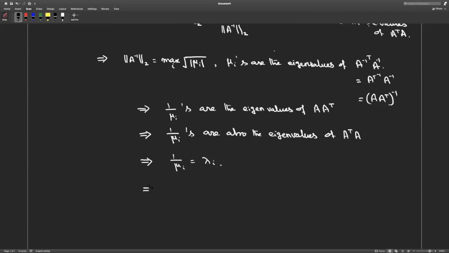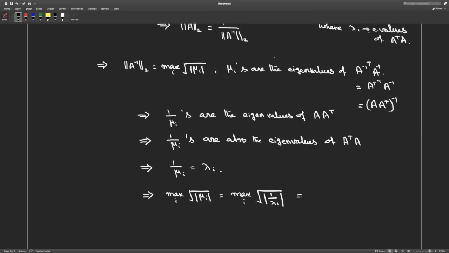Therefore, the maximum of root mod mu i's is nothing but the maximum of root mod 1 by lambda i's, and that is achieved at 1 by the minimum of root mod lambda i.